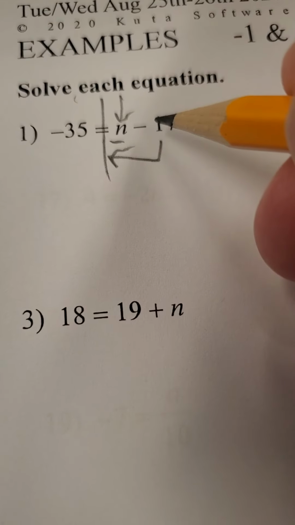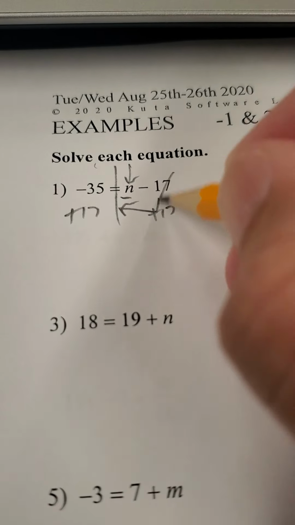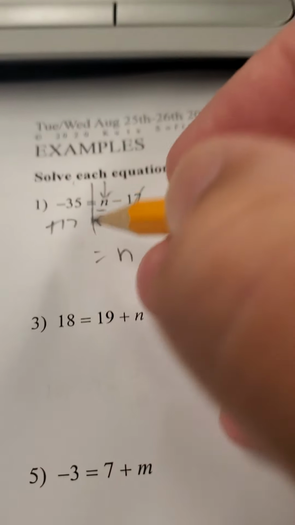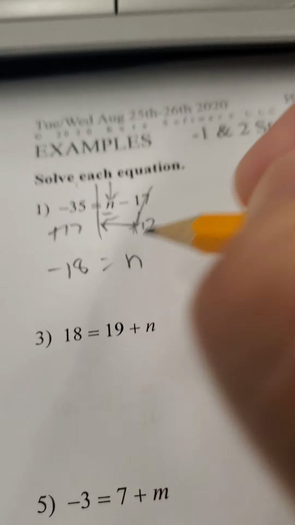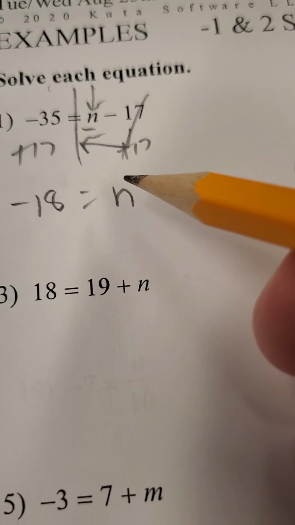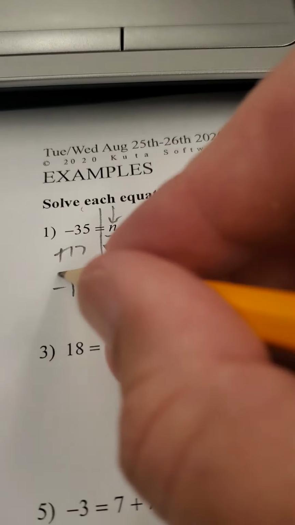The opposite of a minus 17 is a plus 17. When you add 17 to both sides, the 17 disappears on the right. When you add it over here, you get negative 18. If there was a coefficient connected to the n, you would divide to get rid of it, but since there's not, you're done.